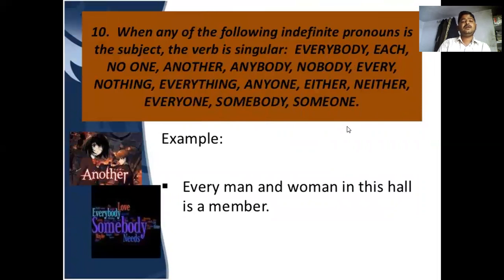Next, when any of the following indefinite pronouns is the subject, the verb is singular: everybody, each, no one, another, anybody, nobody, every, nothing, everything, anything, either, neither, everyone, somebody, someone always take "is."